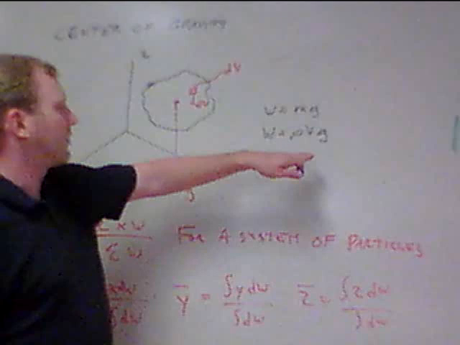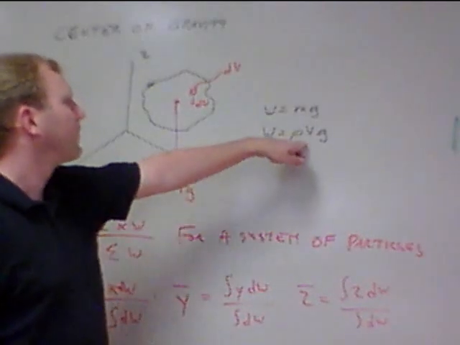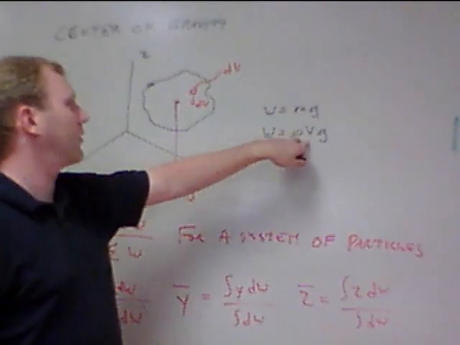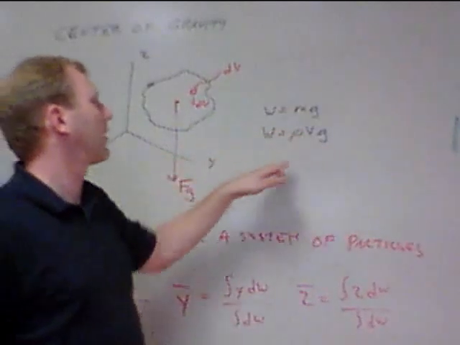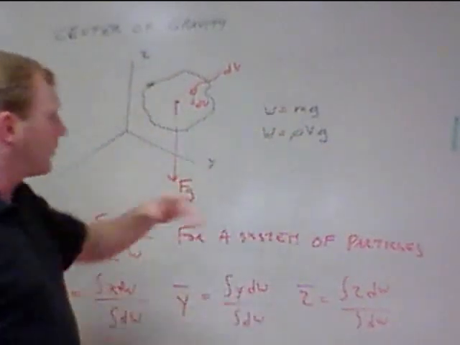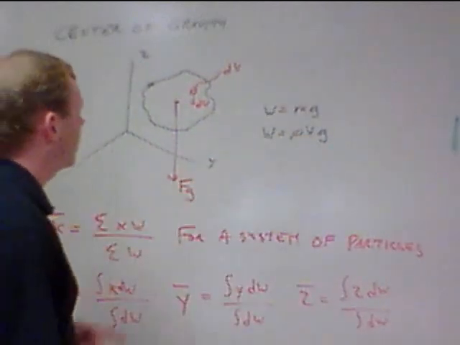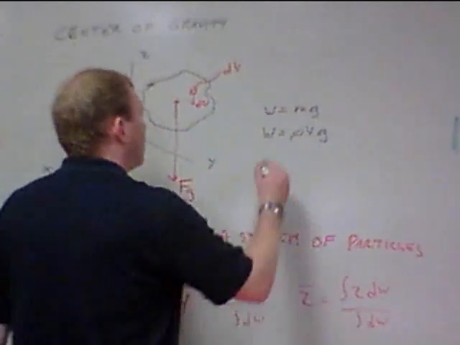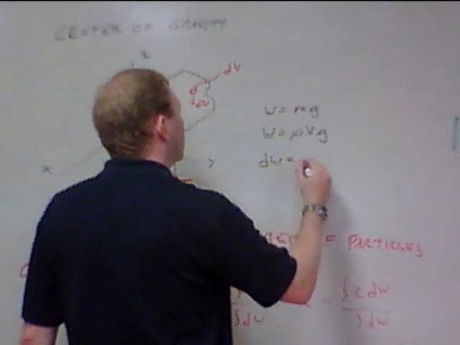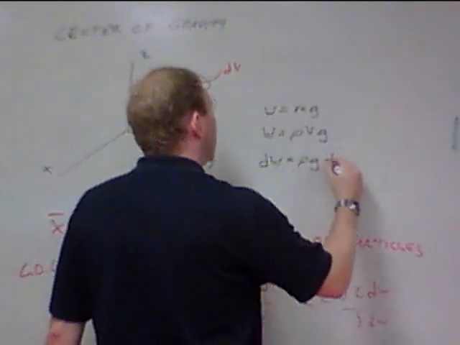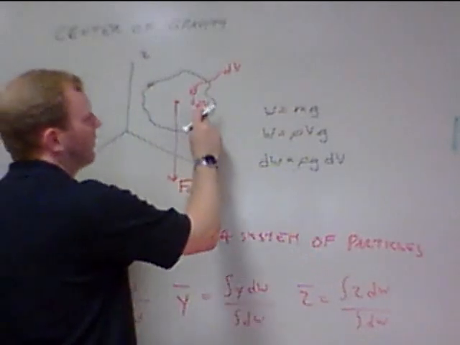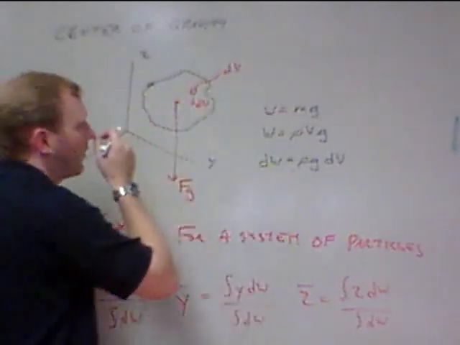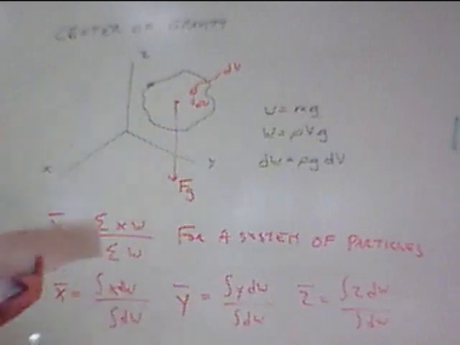Density is in kilograms per meter cubed and volume is in meter cubed, so that's kilograms times meters per second squared, which is newtons for weight. So this is an expression of weight. If we make this a differential, dW is equal to rho g dV. So now we've got a relationship between this tiny differential weight and a differential value for volume.